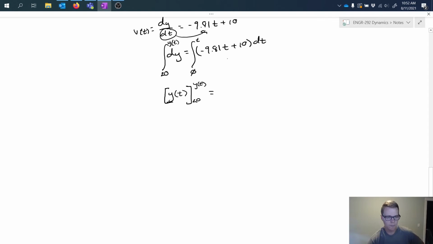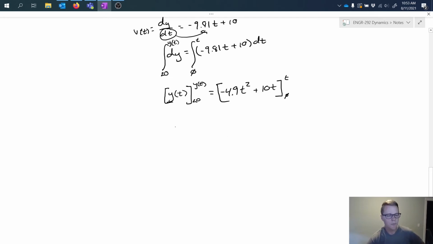the integration. Now we have a function of t, so when we take the integral with respect to t, we get 1/2 t squared. So 1/2 of 9.81 is about 4.9, remembering my negative sign, t squared. The integration of 10 with respect to t is 10t. And all of this needs to be evaluated from 0 to t. All right.